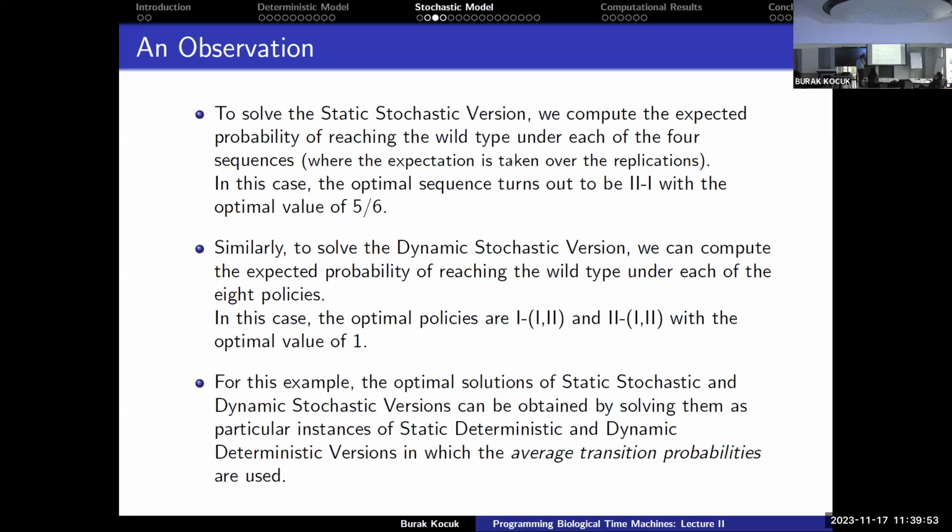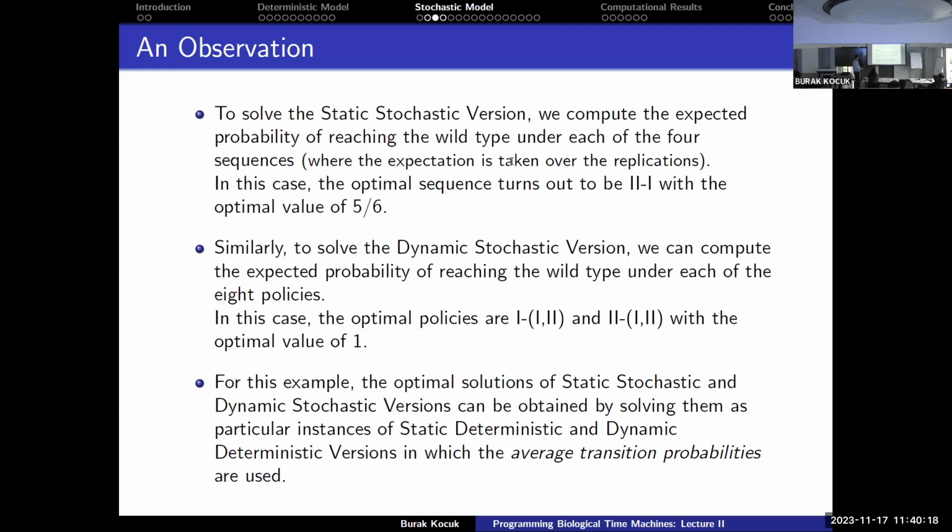But the nice observation is that if I take these 2 observations of Markov chains and take their average, I will call this an average Markov chain, and solve the problem as if you have only observed that, like a deterministic problem, you get the same results.